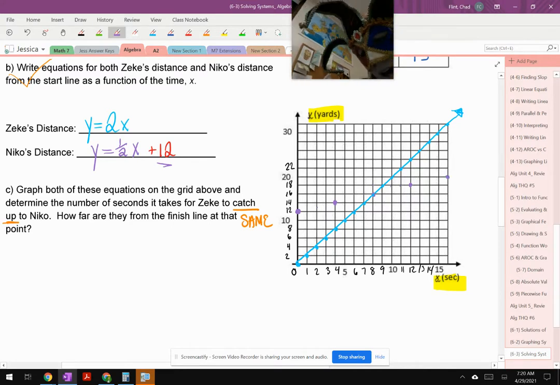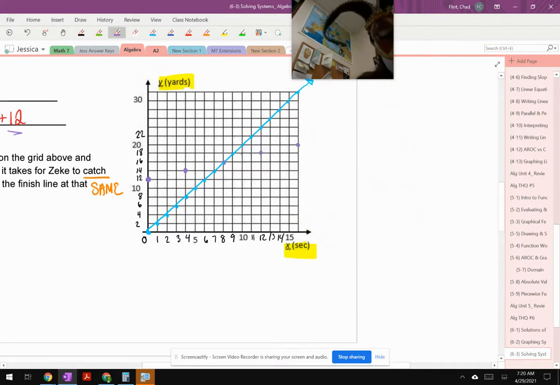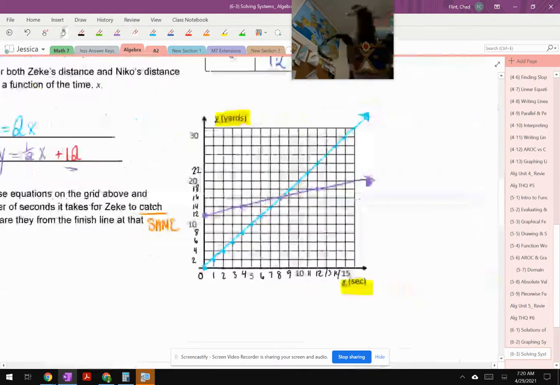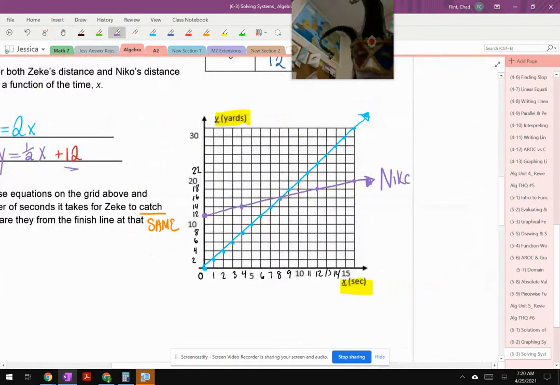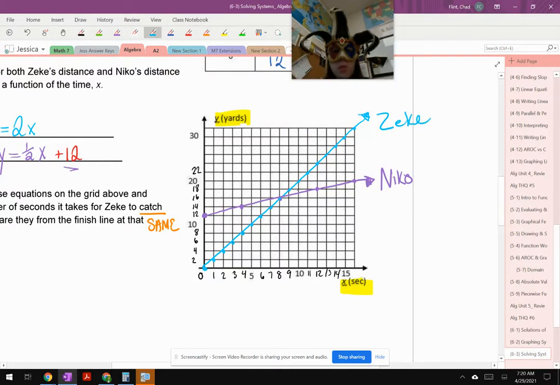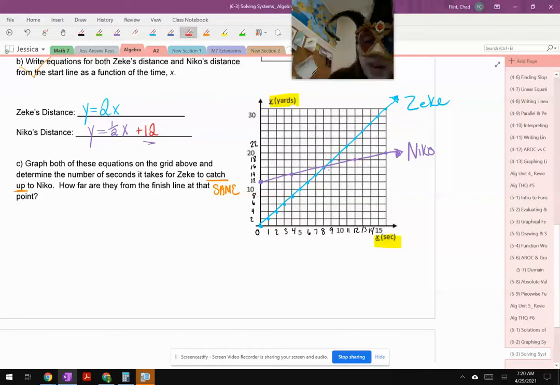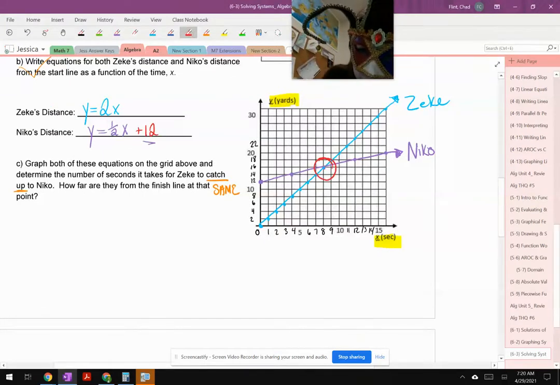And there we have it. That's going to be a hard line to draw because it's so not steep. Okay, and then again, we need to label these because this is important. This is Nico. This is Zeke. That's why color coding is clutch.